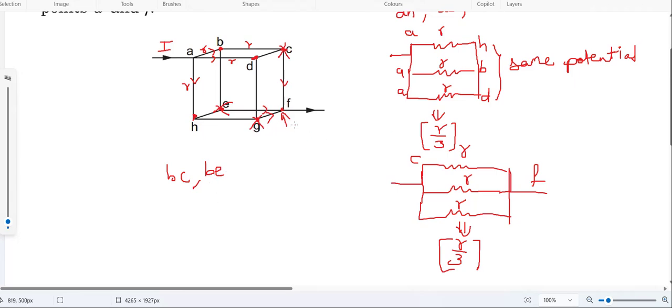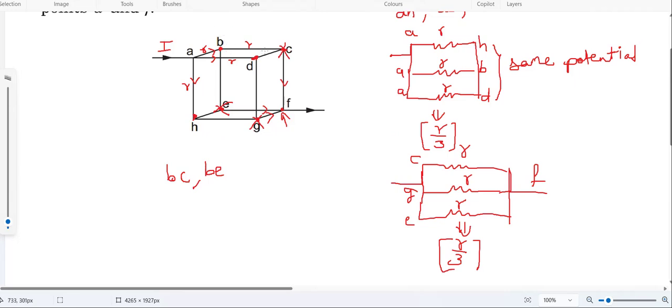Apart from AH, AB, AD and CF, GF, EF, what are the leftover branches?